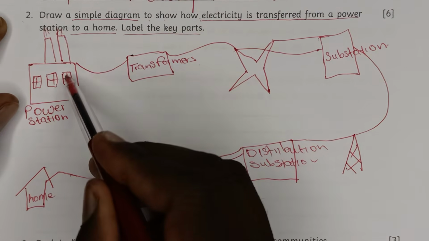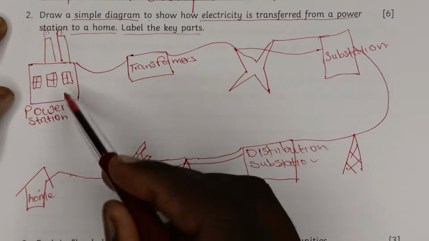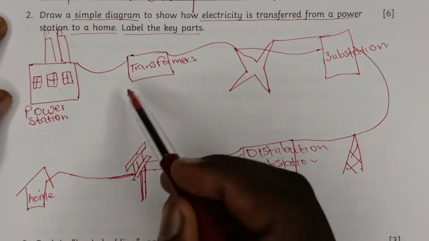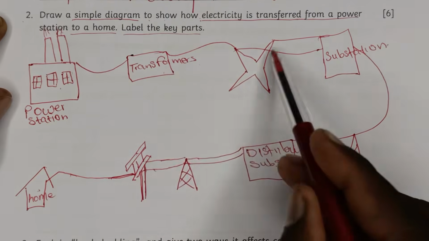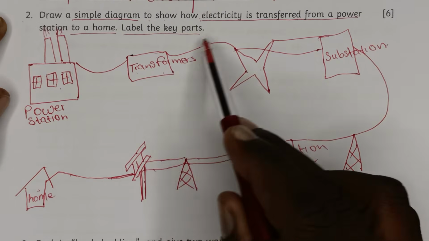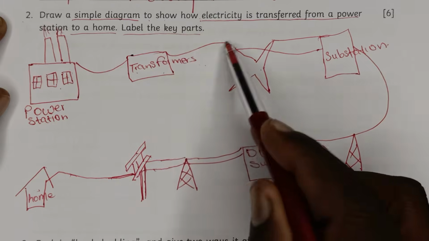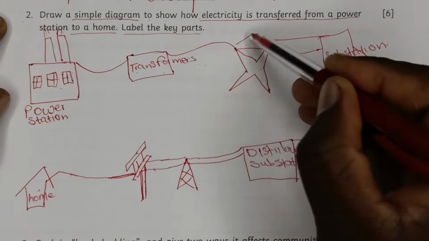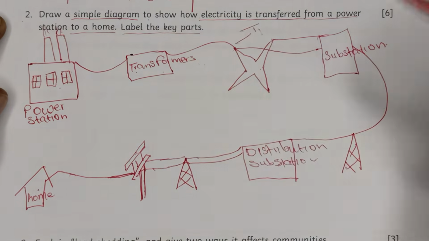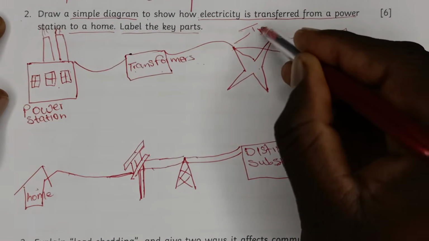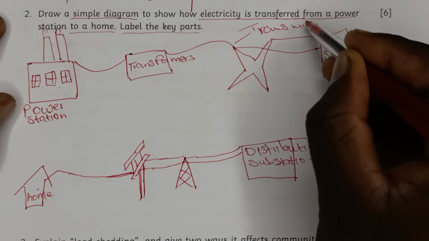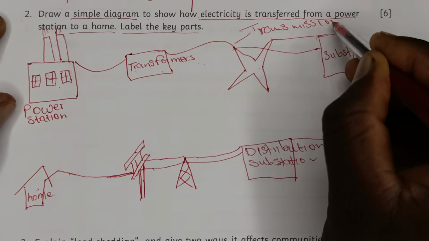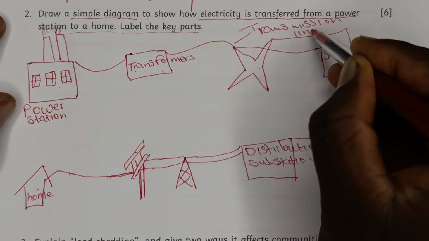It does not come from the power station straight to home. It comes from the power station, it goes to transformers, and the transformers take it through transmission lines. These are transmission lines.